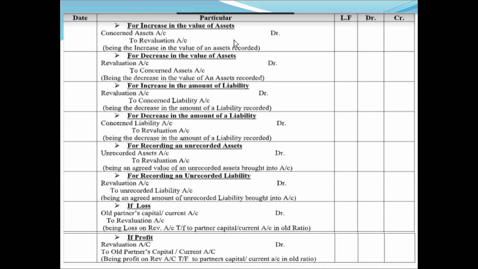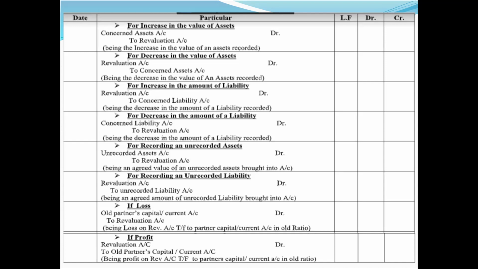Listen once again. I'll show you how to deal with this. Concerned asset account debit to revaluation account. When the revaluation account is credited, all the credit characters, that means increase in asset and decrease in liability, appear on the credit side of the revaluation account.